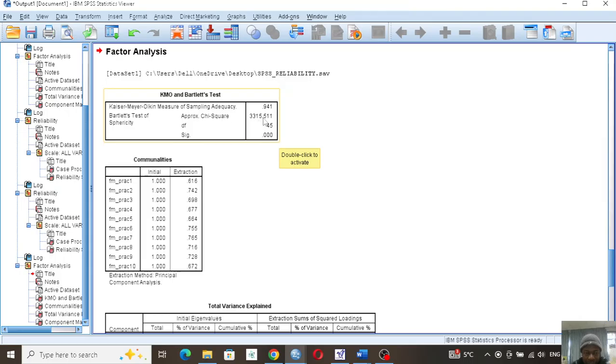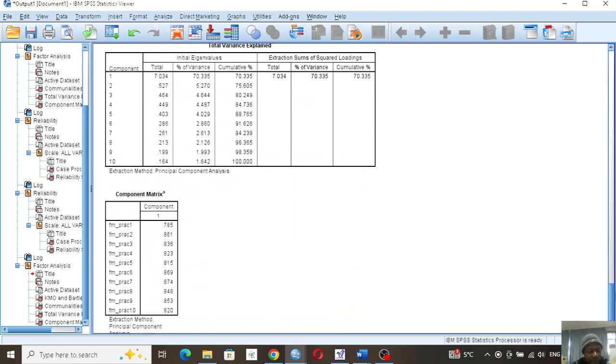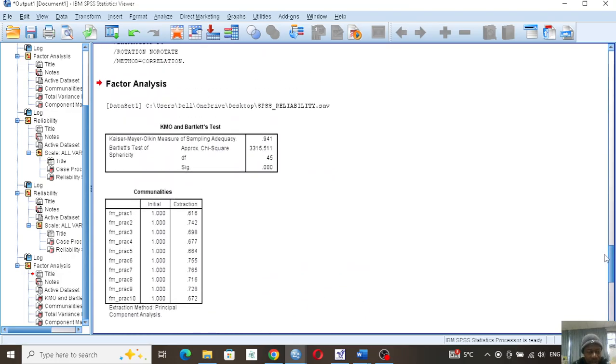This chi-square approximation and this one work the same way. This particular side, you don't need it for now. I'll explain it to you in later videos. But for now, we are dealing with reliability and validity.